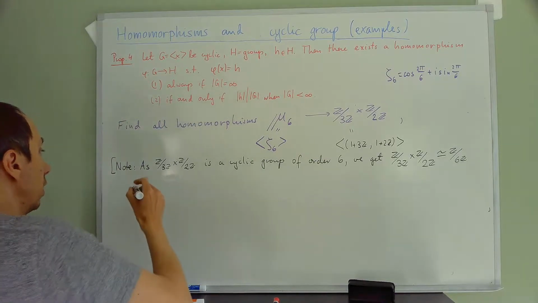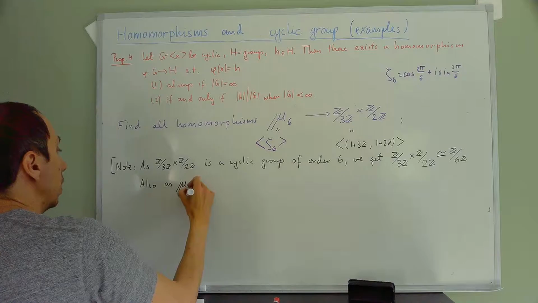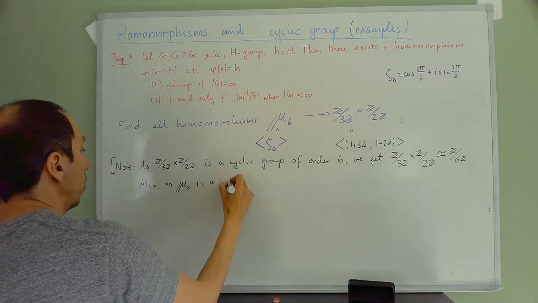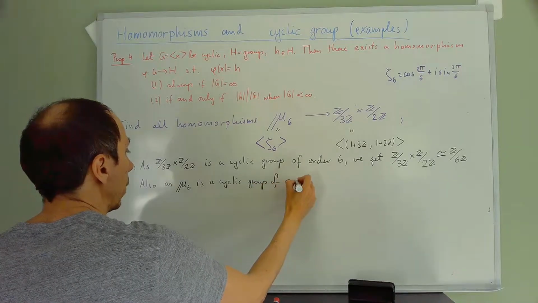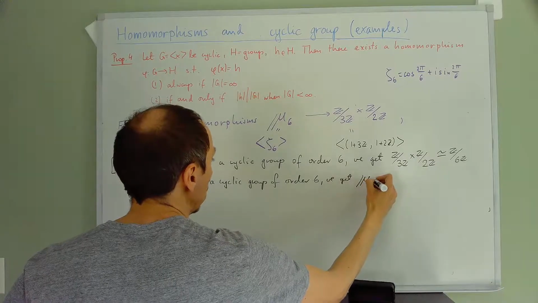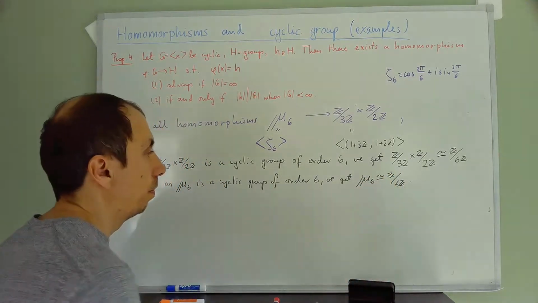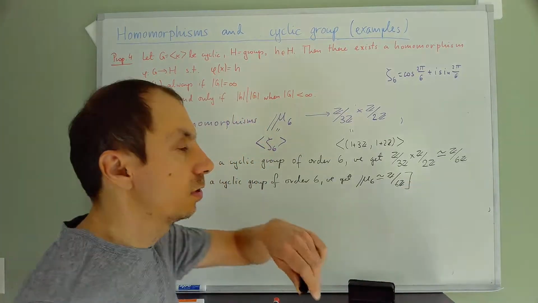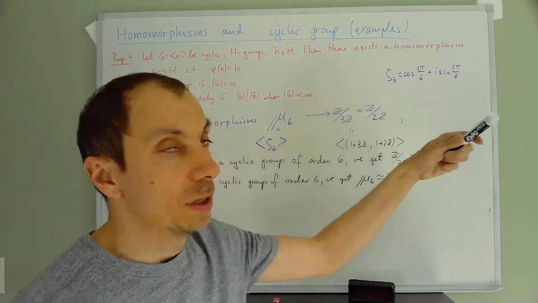Similarly, as mu6 is a cyclic group of order 6, we get that mu6 is also isomorphic to Z mod 6Z. Because isomorphism is an equivalence relation, then we also get that mu6 is isomorphic to that group as well.